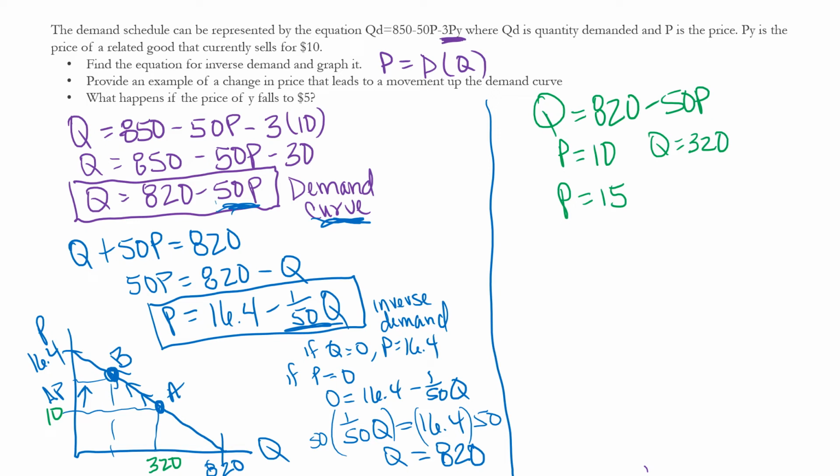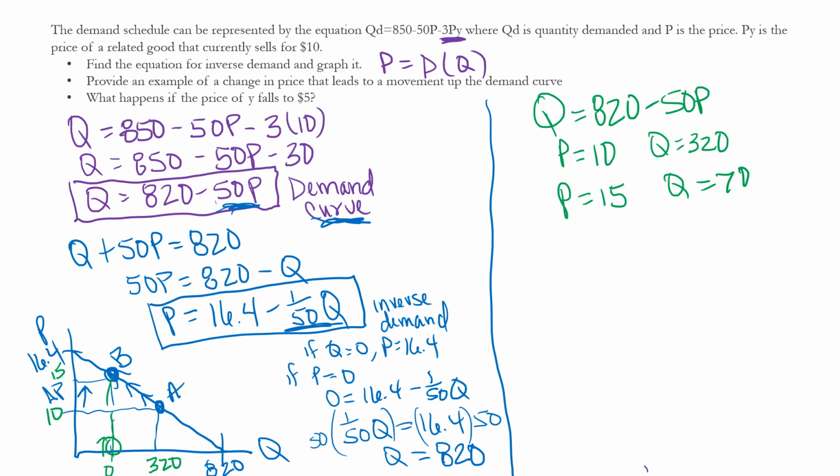If price is equal to 15, then 50 times 15 is equal to 750. So I've got 820 minus 750. And if we move up here, to 15, then our quantity has fallen to 70. That's a movement up the demand curve.